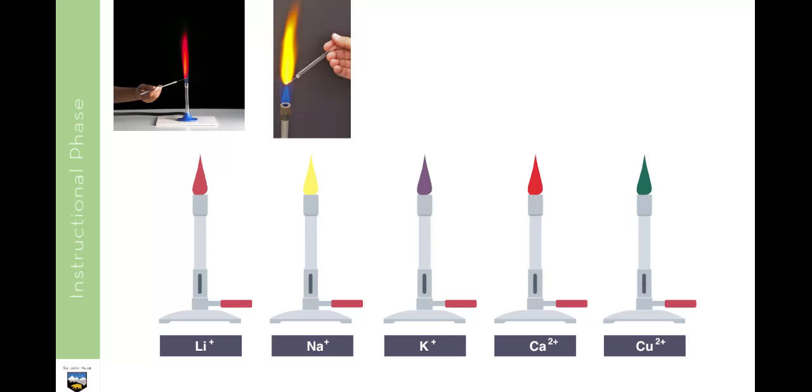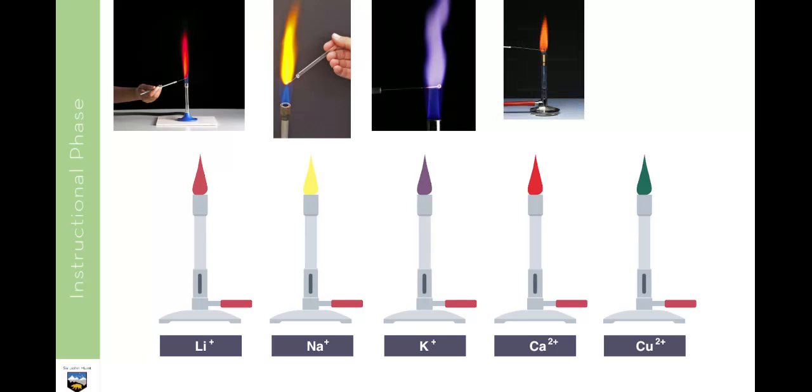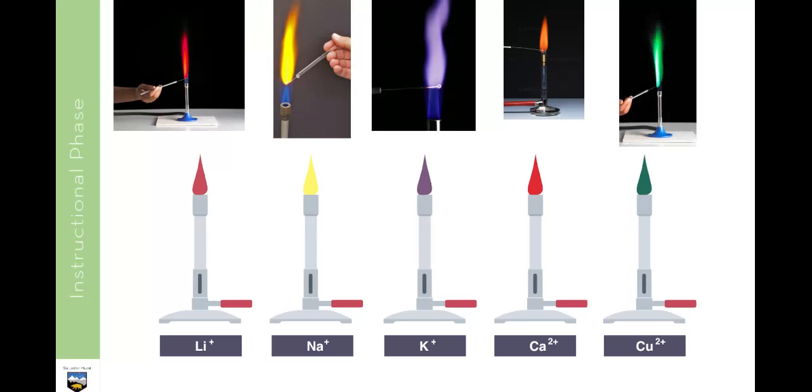Potassium gives a lilac flame. Calcium gives an orangey red flame, so it's not bright red like lithium, it's more orangey red. And then my personal fave is copper, don't tell the others, and it gives a green flame. Reminds me of Harry Potter with the Floo powder.